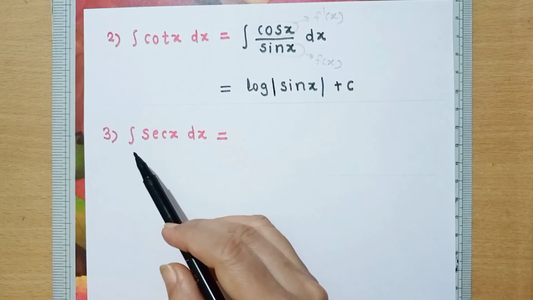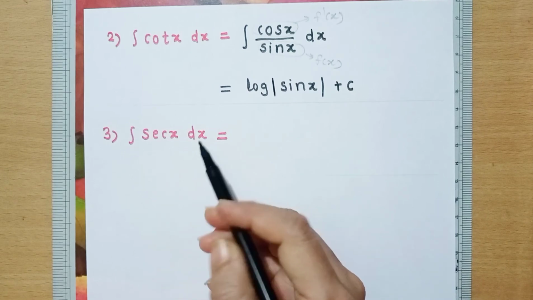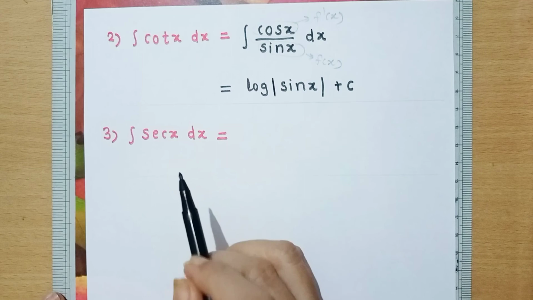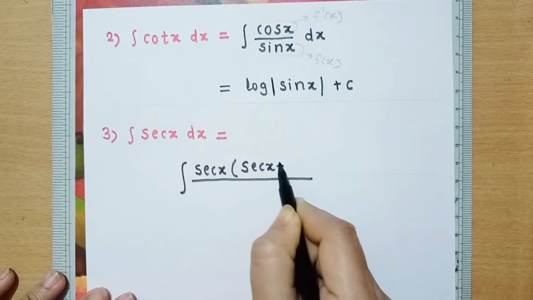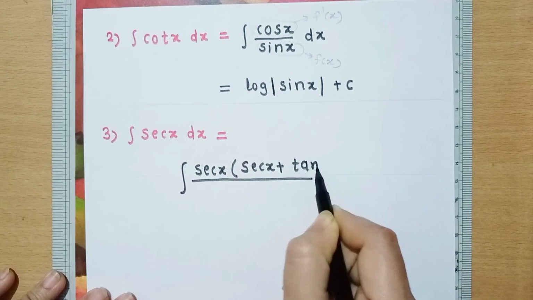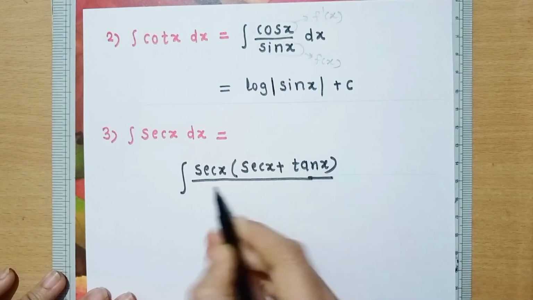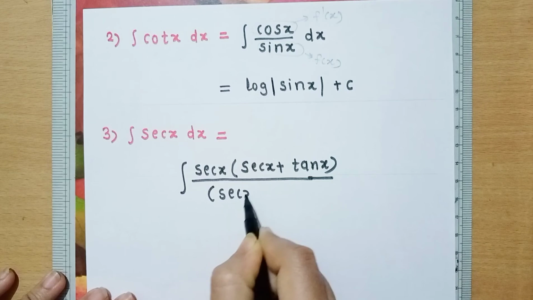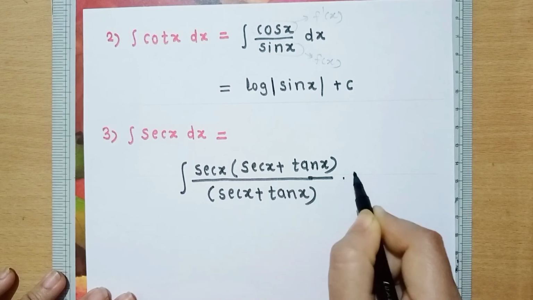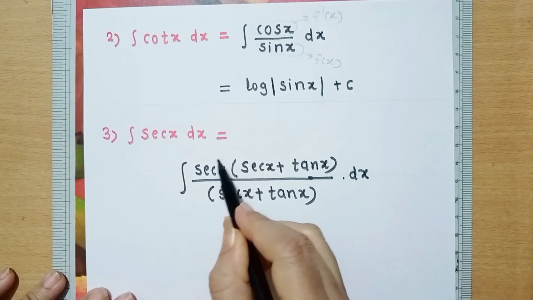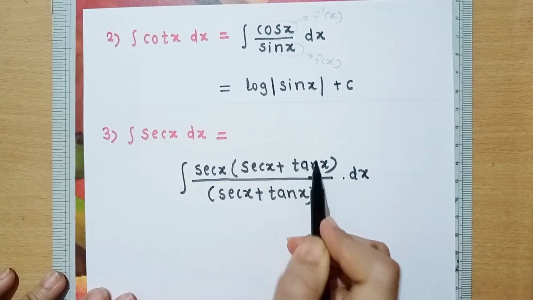Now let's check the third one, integration of sec x dx. For convenience we will multiply by sec of x plus tan of x, and divide by the same bracket, which means the value will not change, into dx. Now multiply sec x to separate these two terms.